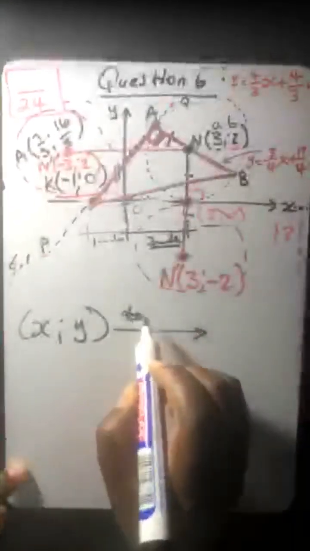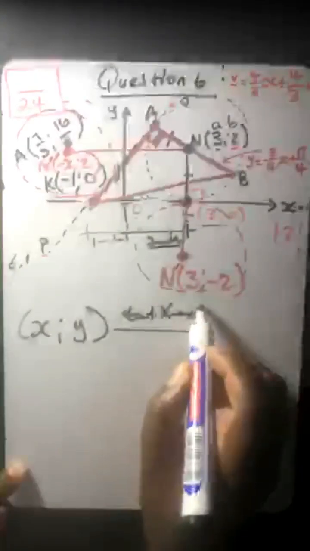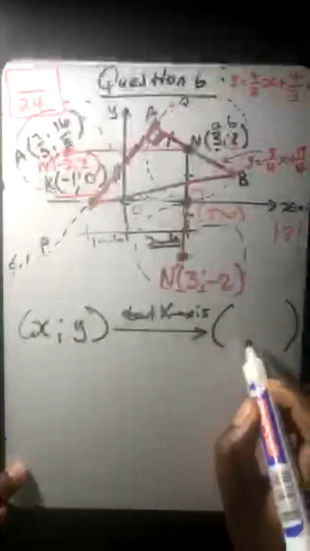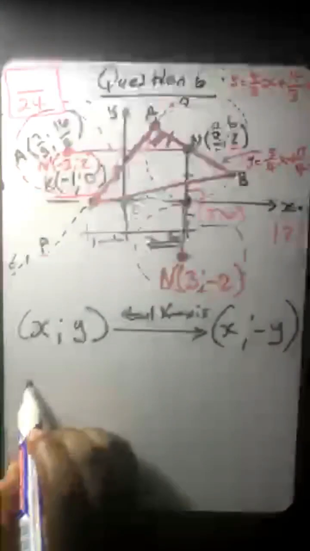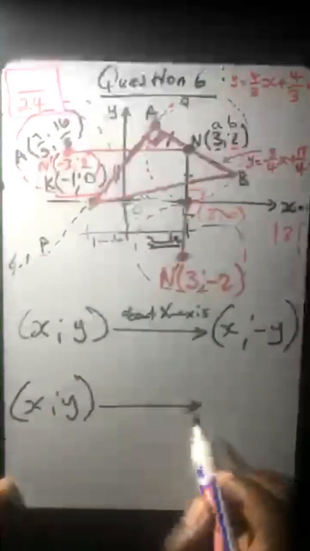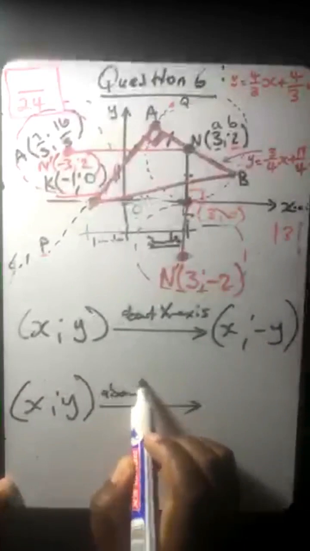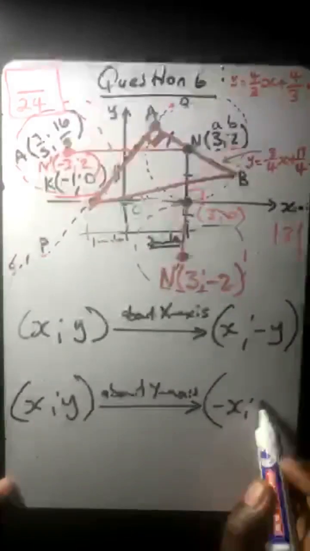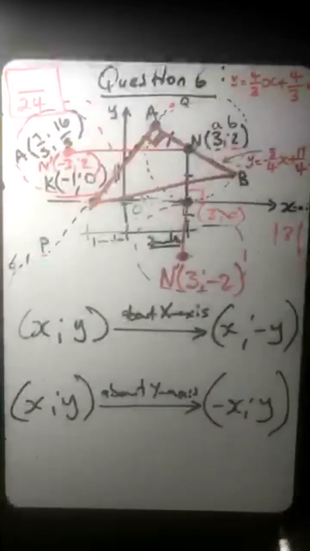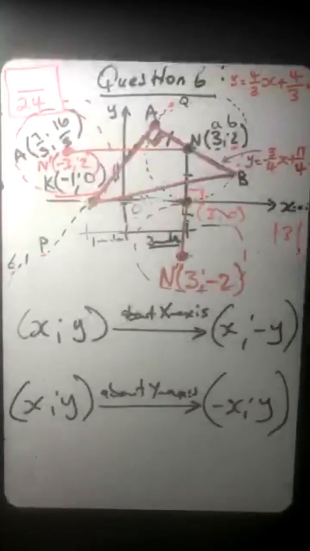To summarize, if you have x and y and they say it reflects about the x-axis, then it is your y value that changes sign. If it reflects about the y-axis, it is the x that changes sign, and the other remains as it is. Does it make sense now, honorable members?